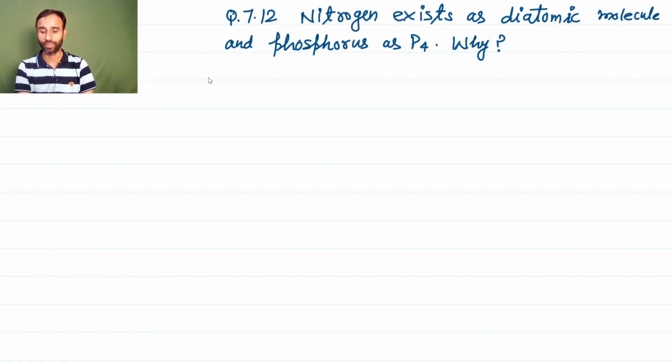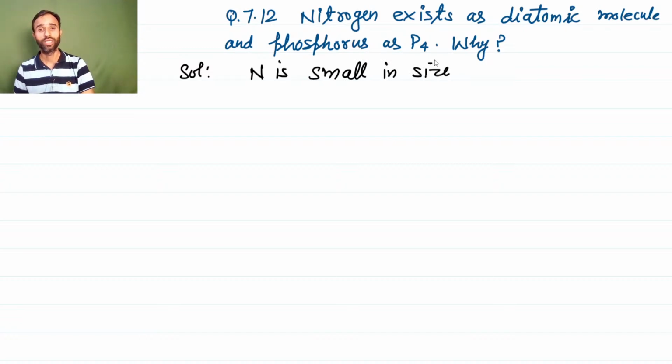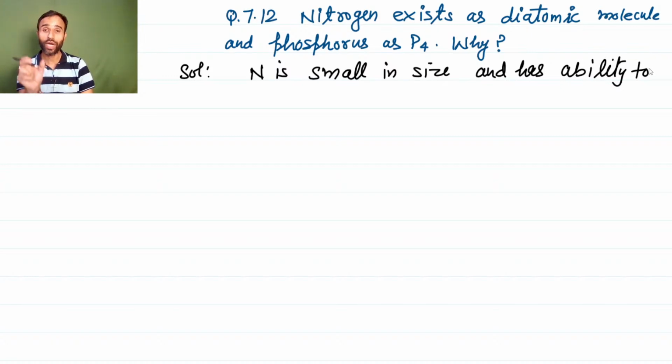So see, nitrogen, first thing is nitrogen is small in size and has ability to form strong p-pi bond. Keep in mind what I said.